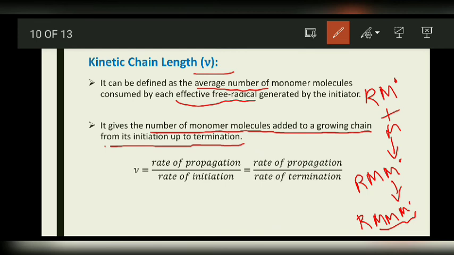Mathematically, it is given by nu is equal to the ratio of rate of propagation to rate of initiation, which is also equal to the ratio of rate of propagation to rate of termination. Fine.